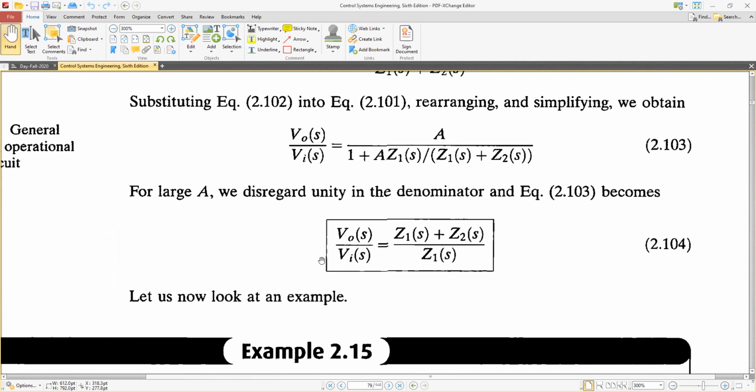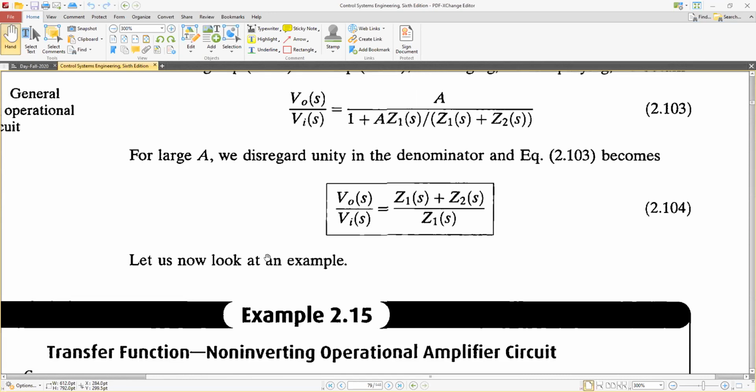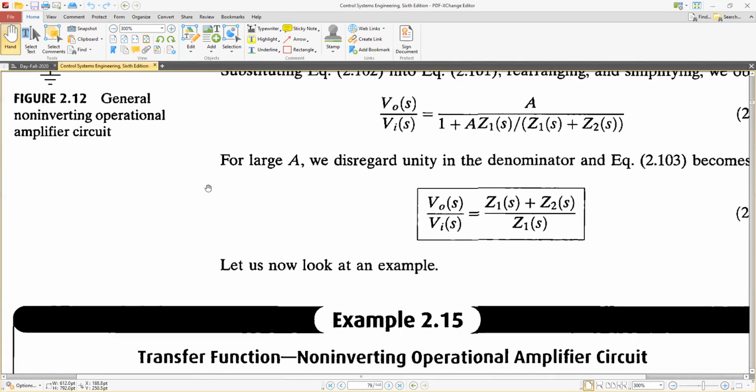Previously for the inverting amplifier, it was minus Z2 by Z1. For the non-inverting amplifier, it is Z1 plus Z2 divided by Z1. Just remember these equations, the equation within the block. That is the main thing for this kind of problem.